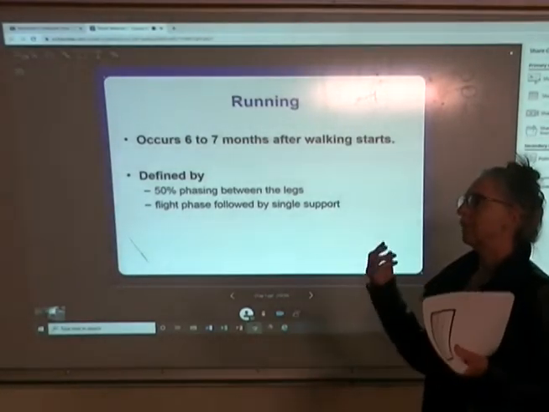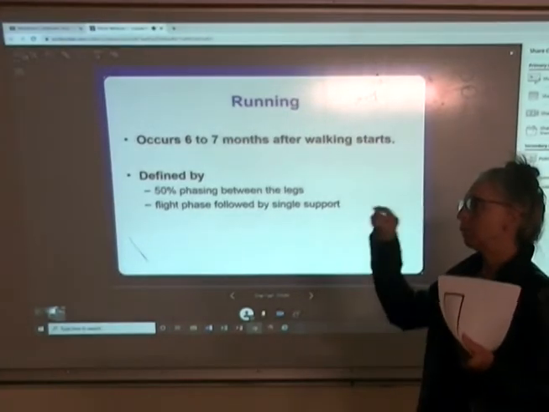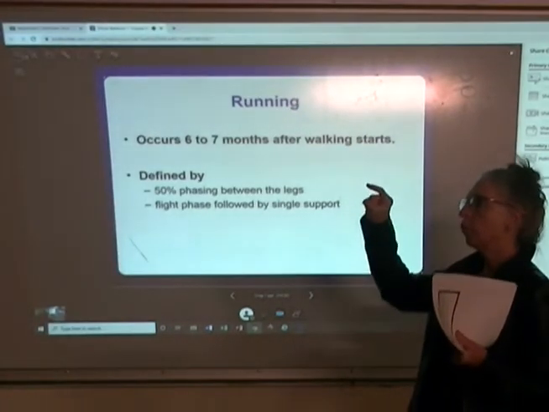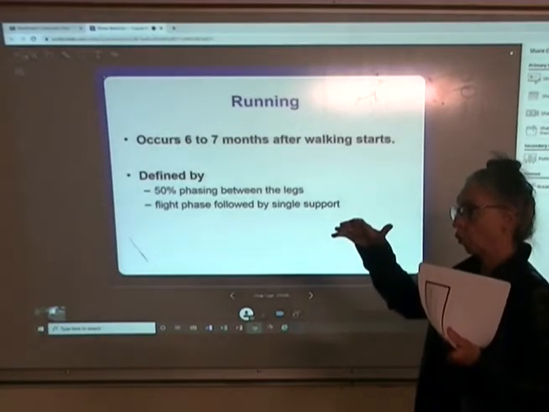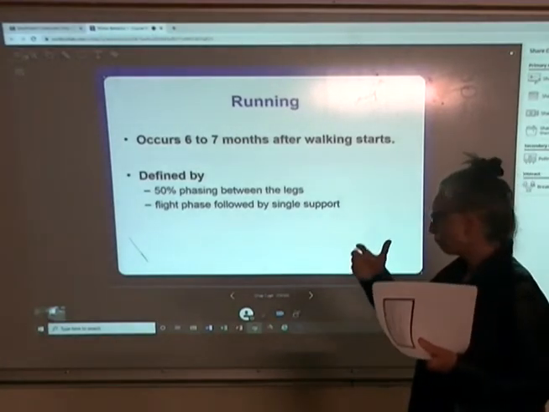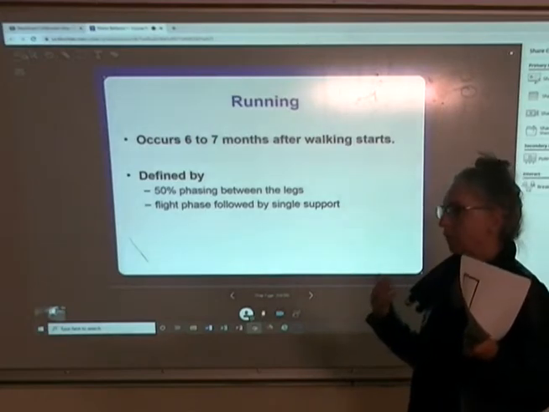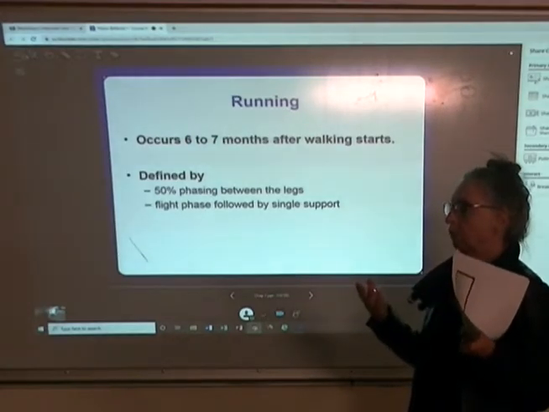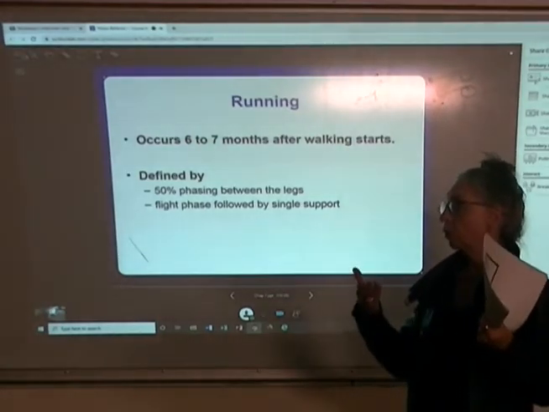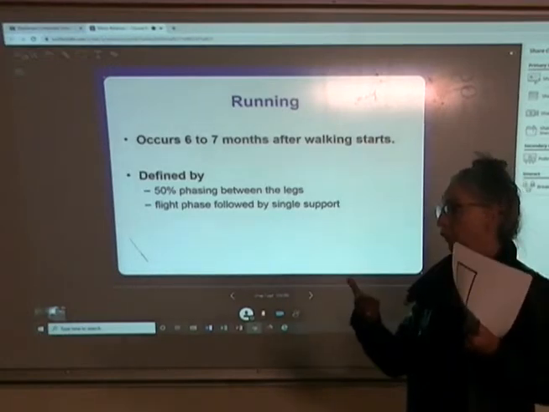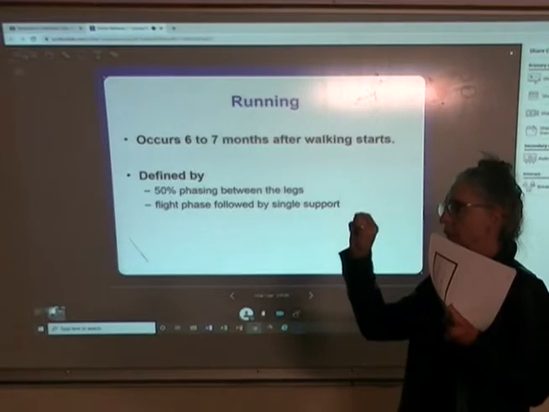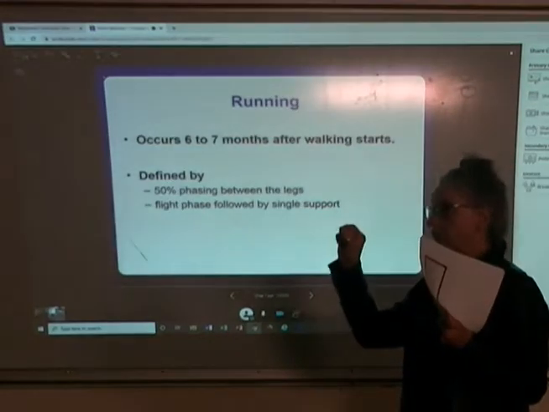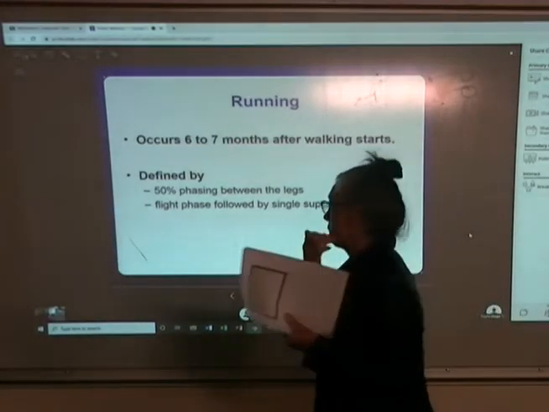So for it to be technically running, there has to be a point in time where the body and the feet are completely off the floor. All right? So sometimes it helps to be able to film the individual so that you can watch the film closely to see whether or not they really leave the floor. Okay?